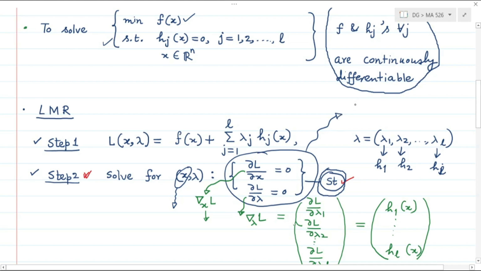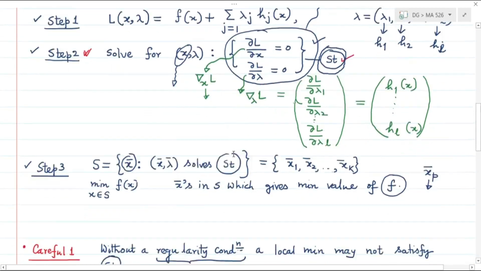A point y is called a stationary point of a function, let's suppose theta, if gradient of theta at y is equal to 0. And this system, gradient equal to 0, is called the stationarity system. That's why the system that I encircled here is indeed the stationarity system for the Lagrangian function L, and that's why I'm many times referring to it as a stationarity system.